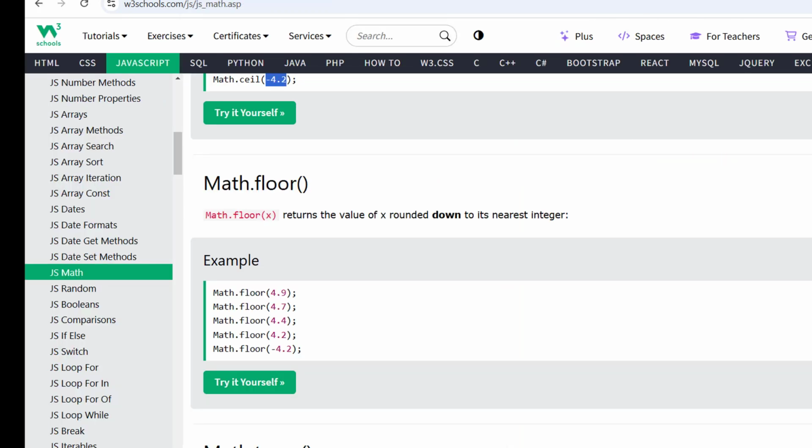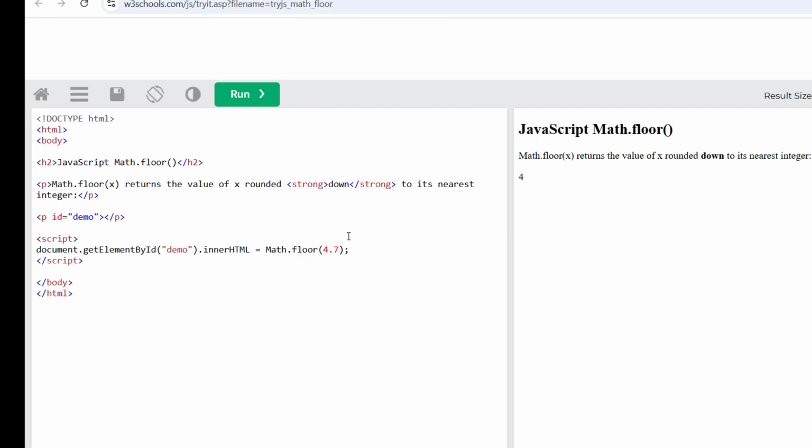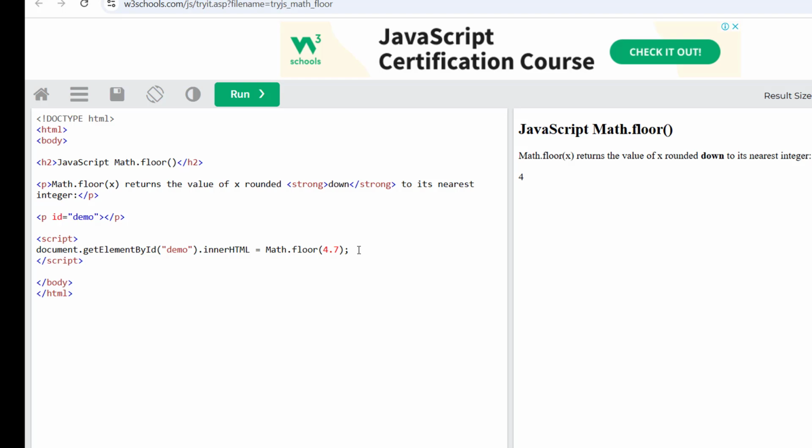Sorry, this is Math.ceil. This is Math.floor, we need floor. Floor will go downwards. So 4.7, downwards means 4. But if it is ceiling, it will be 5, the opposite.